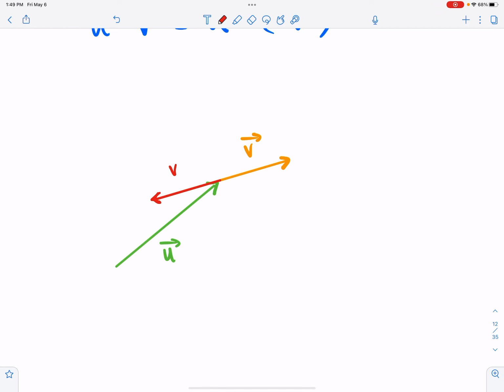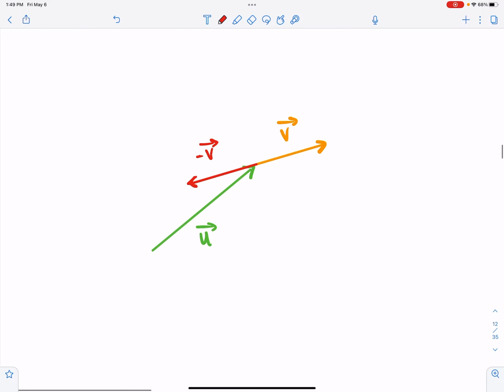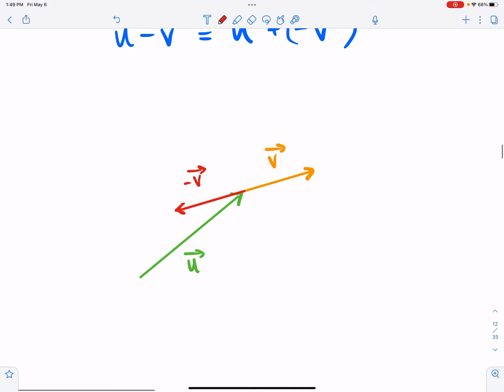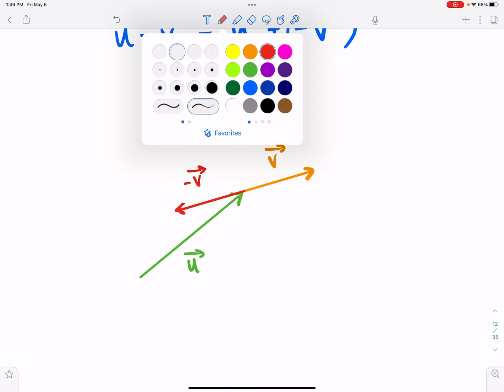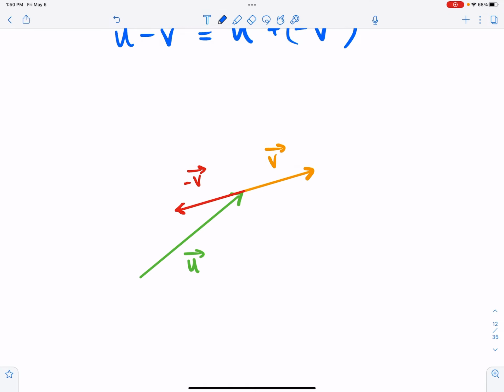This vector right here would be negative vector v. So thinking tail to tip method, that means u plus negative v would be this vector right here. So we can call that blue vector, vector u minus vector v.